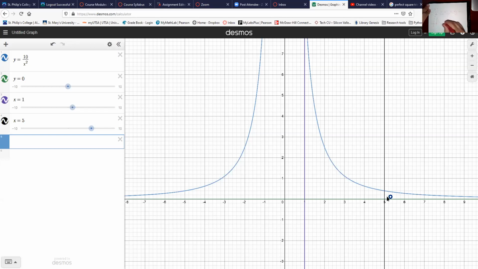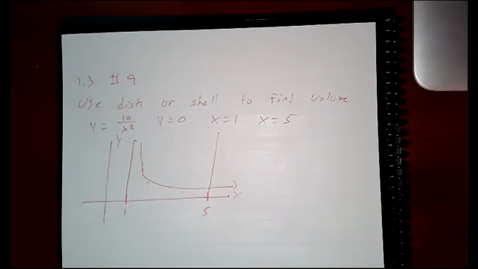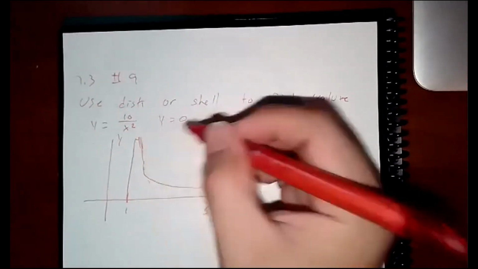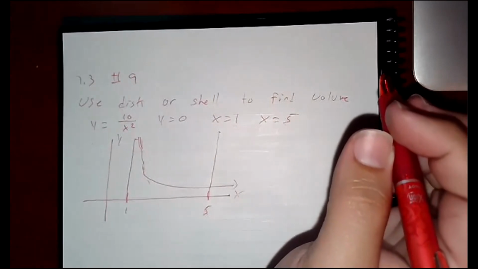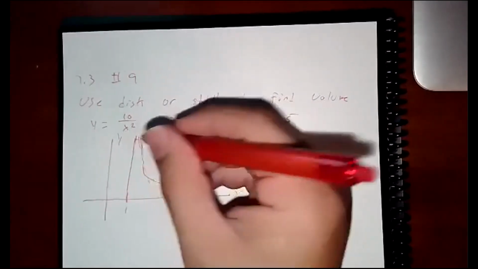Let's show you back. Okay. So we are integrating. It looks like a good method would probably be, and we're rotating about y equals 10, right? Is that what you said?